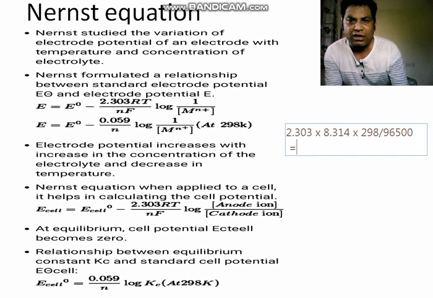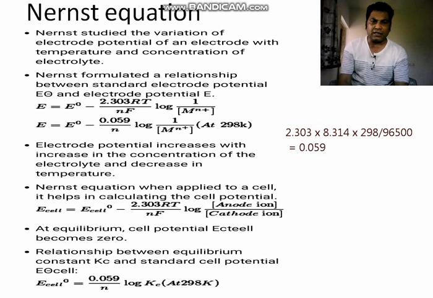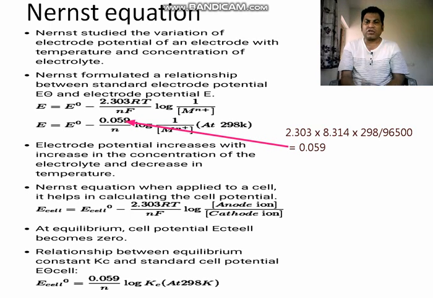Then all this gives the answer 0.059. That is our topic, and here you can see this 0.059 is taken. So the entire Nernst equation will be like this now.